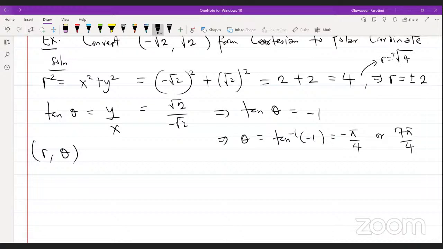So my r is either negative 2 or positive 2. Let me prepare: I have 2.